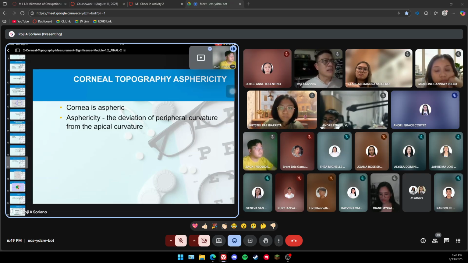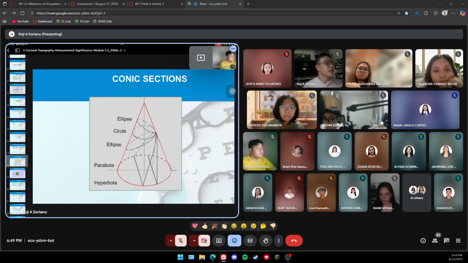And this amount of flattening is called the eccentricity value. Do you follow? Any questions so far?